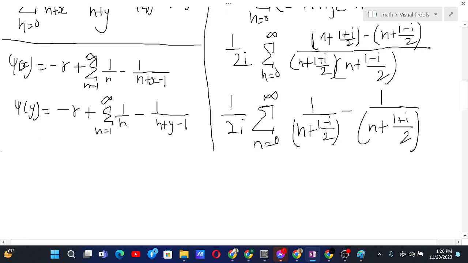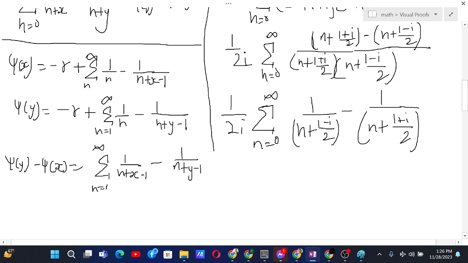Now if we consider digamma of y minus digamma of x, we will get something like this expression: 1 by n plus x minus 1 minus 1 by n plus y minus 1.